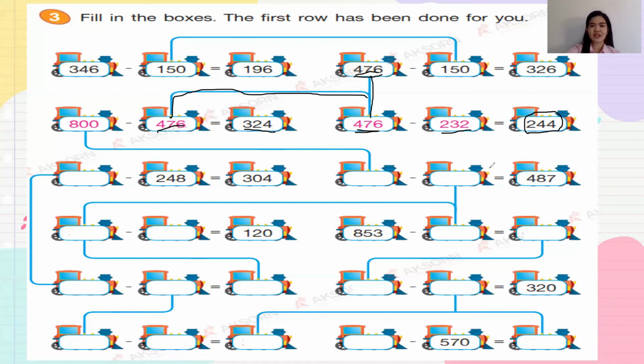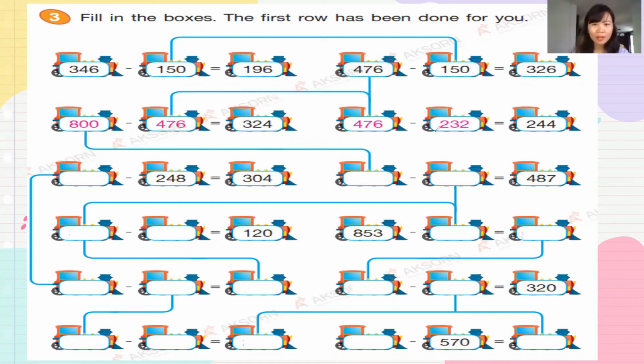Now that we're done, look at the line again. You copy the 800 here.